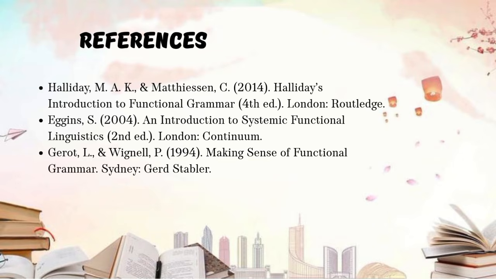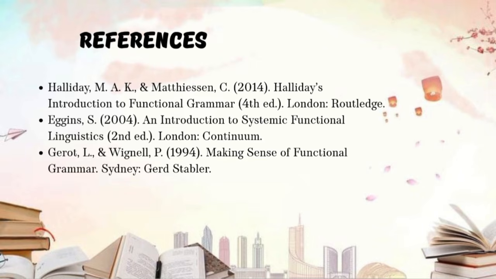This video analysis is based on the framework of Systemic Functional Linguistics developed by Halliday. The explanation of theme and rheme, mood system, and transitivity mainly refers to Halliday and Matthiessen's Introduction to Functional Grammar.